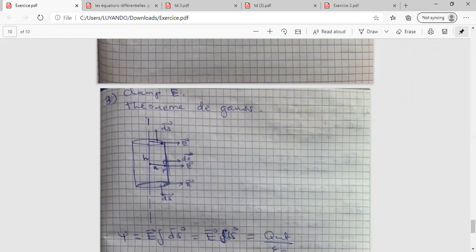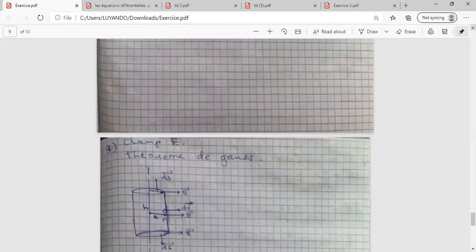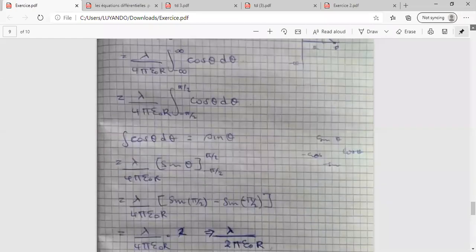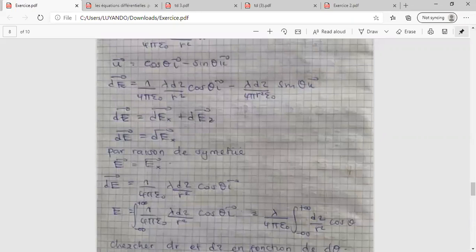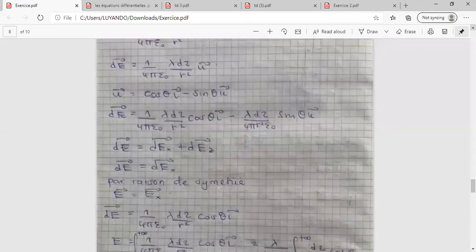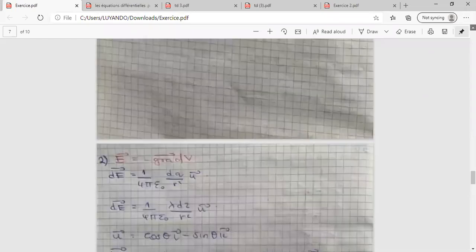Last time, when we were doing theorem Descartes, I mentioned that it can only be used on closed surfaces. So in our question, we had a wire, and we're trying to calculate the field at a certain point P, distance r away from the wire. Let me just go to the drawing.